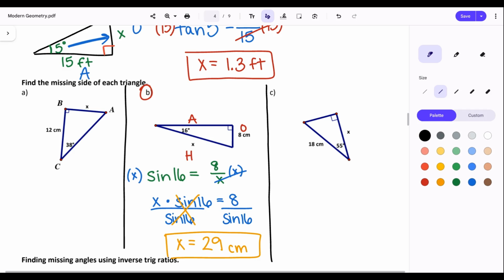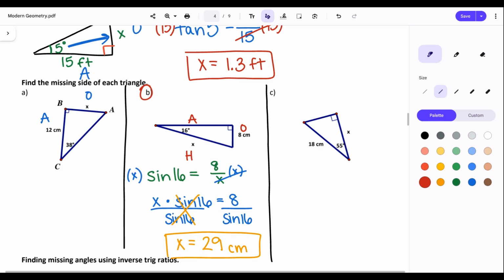Okay, I'm going to start going through these here. So let's come back here to letter A. When you're using the 38 degrees, what sides did they give you? Okay, x is your opposite and 12 was your adjacent. So did you use sine, cosine, or tangent? Tangent.